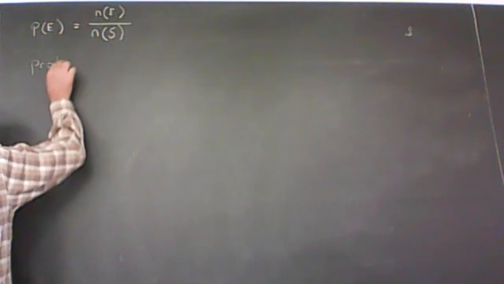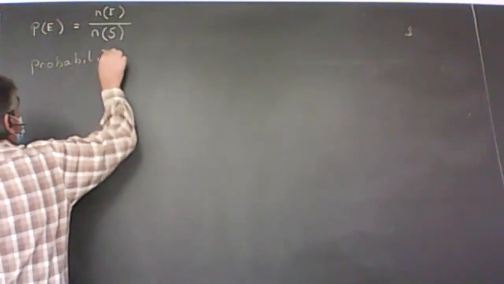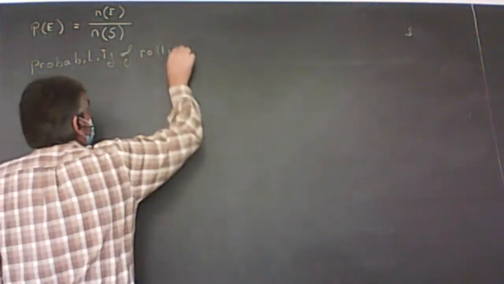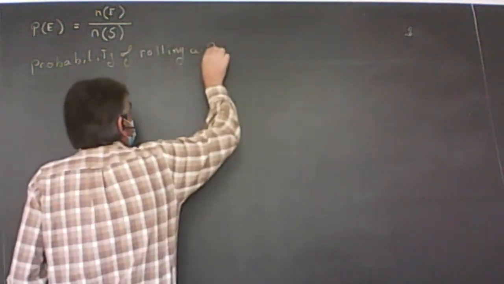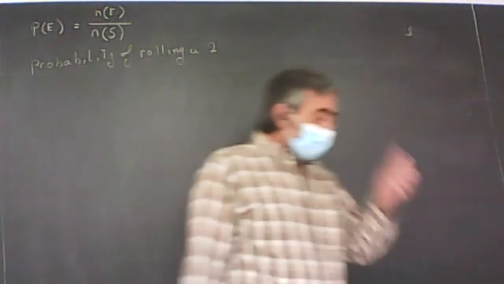So for instance, the probability of rolling a 2 on a 6-sided die.